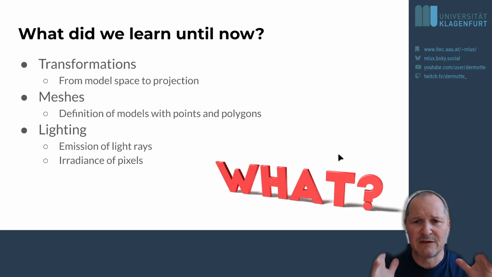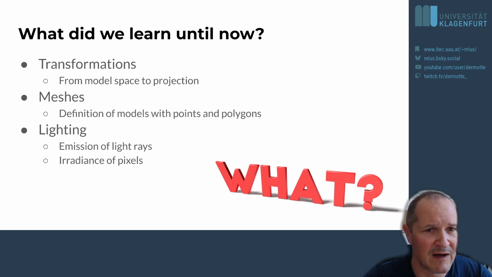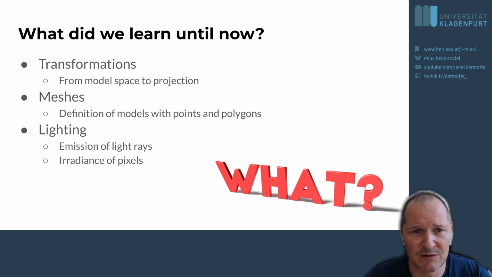So what did we do until now? We looked into transformations from model space to projection. We looked into meshes. Now we know that there are models with points and polygons. We looked into the lighting of a scene with the emission of light rays and the irradiance of pixels.